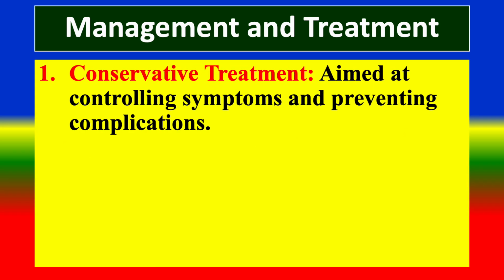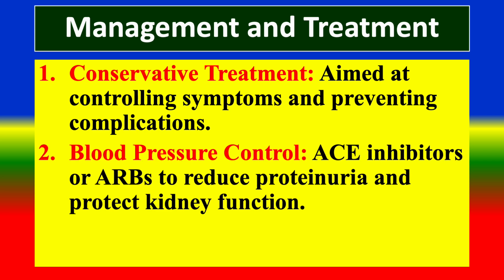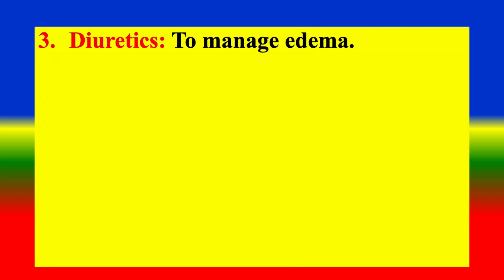Management and treatment. 1. Conservative treatment aims at controlling symptoms and preventing complications. 2. Blood pressure control: ACE inhibitors or ARBs to reduce proteinuria and protect kidney function. 3.